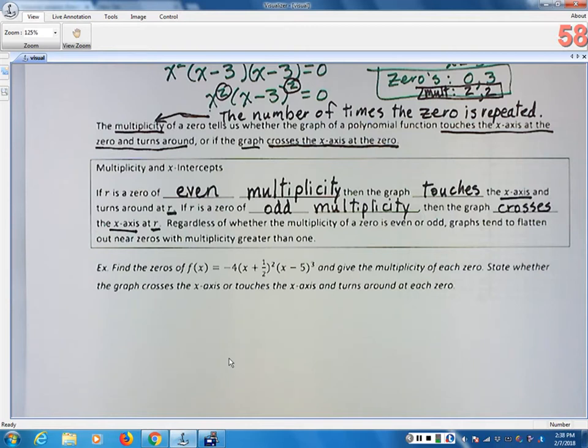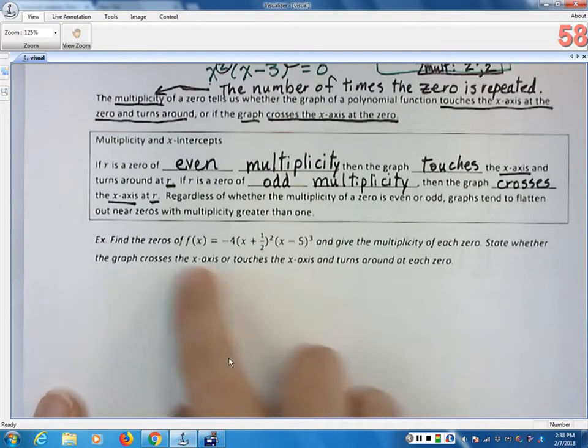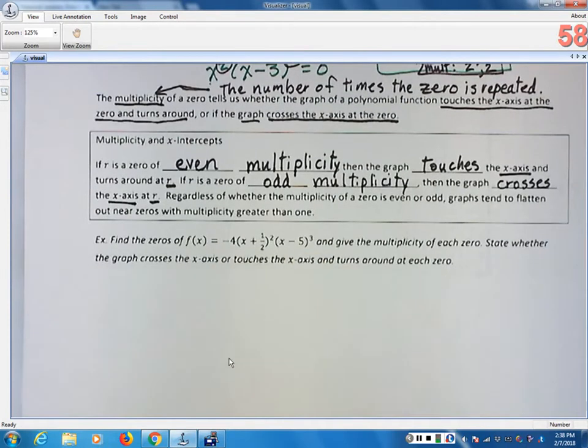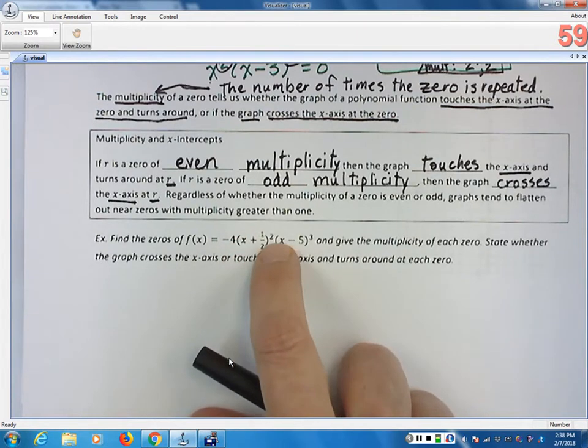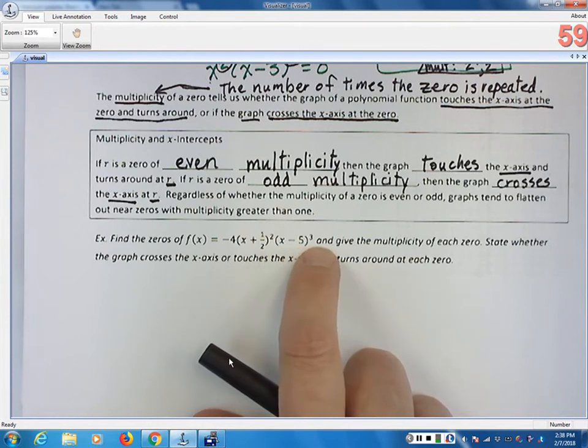So, another example, this is already factored. If it wasn't factored, you'd have to factor it. Find the zeros of f of x equals minus 4 times x plus a half quantity squared times x minus 5 cubed.